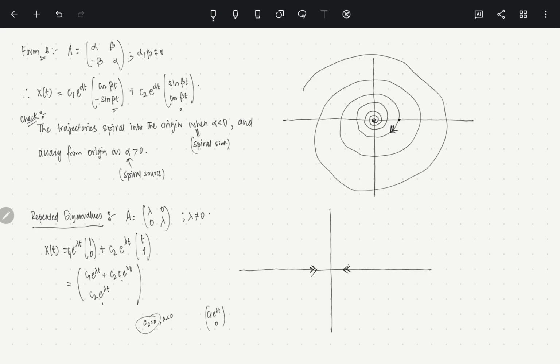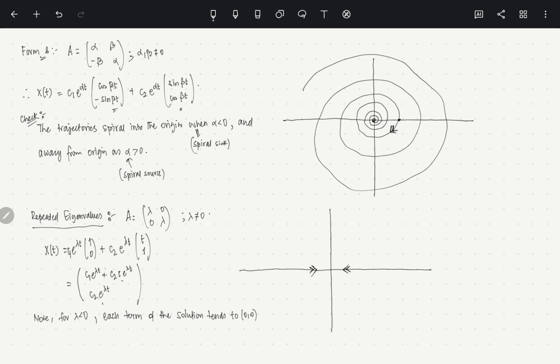I hope this is clear. Let me write it down, otherwise you may get confused. Note, for lambda negative, each term of the solution tends to (0, 0).